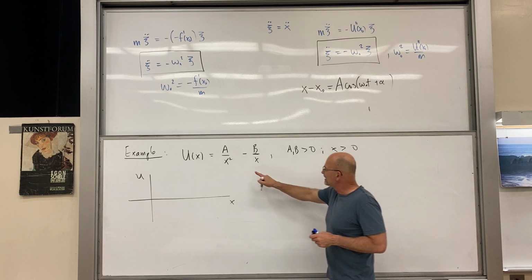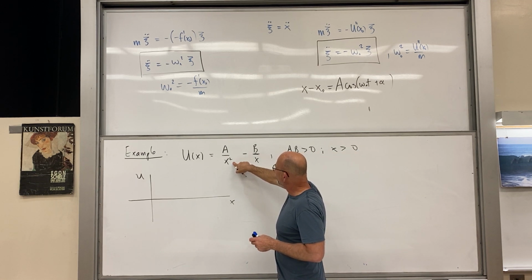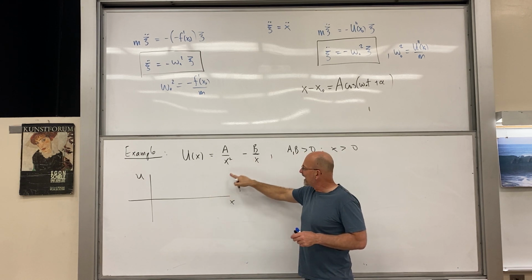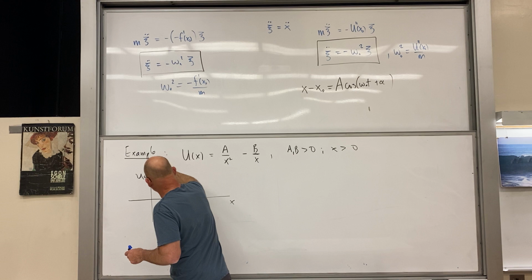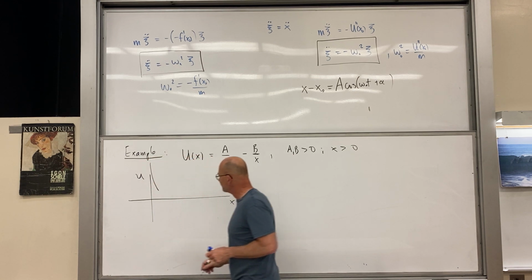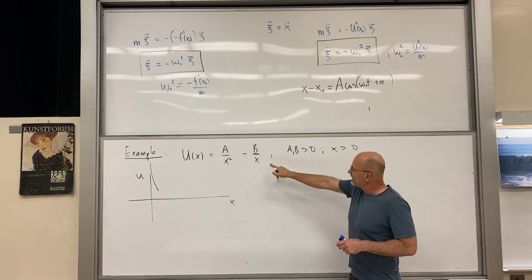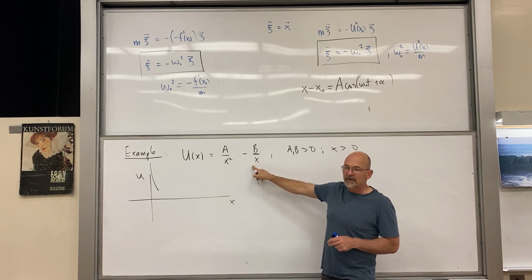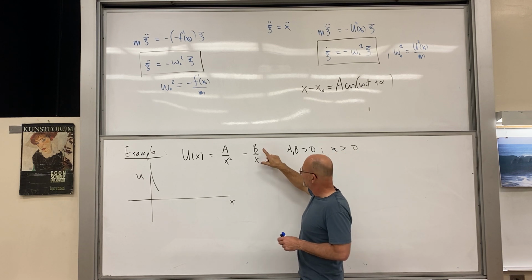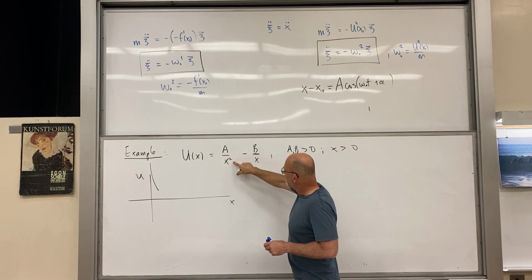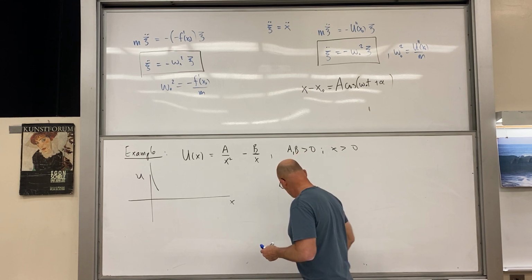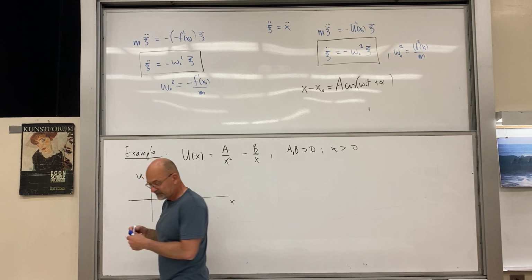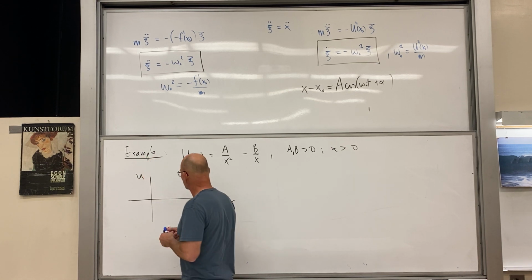So what you do is you look at this function in the limit of small x, and then that 1 over x squared dominates, and it just does what you think it does. It goes like that. But in the limit of large x, this negative b divided by x dominates. Okay, so for large x, this one dominates, and actually, nothing wrong with repeating ourselves. Let's do this.